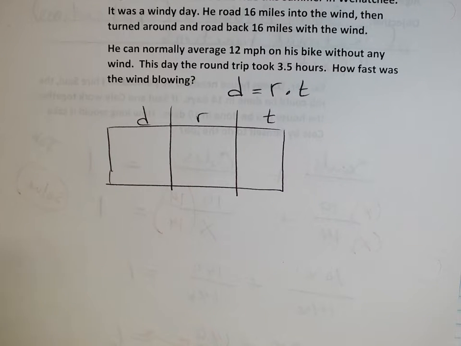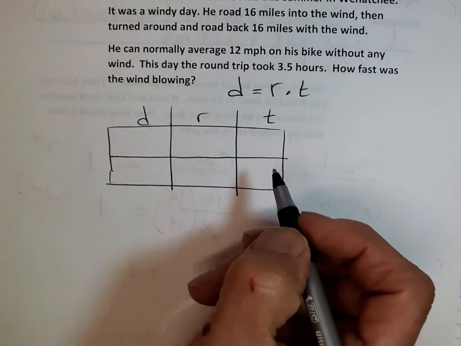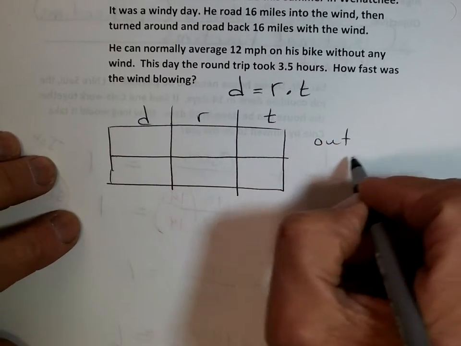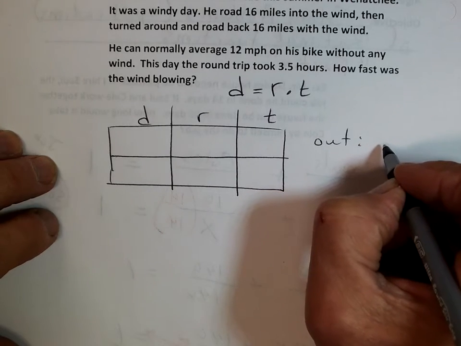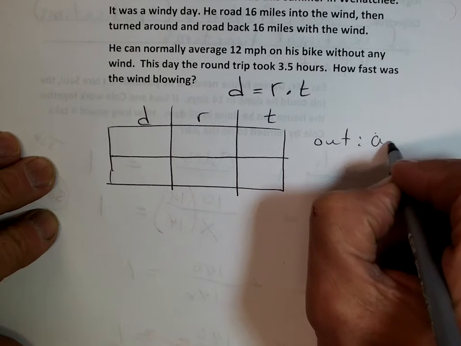I like to do a chart because it makes it a little bit easier. So I'm going to have the route going out, my out route. My out route is with the wind. No, my out route is against the wind. Against, right? It's against the wind.